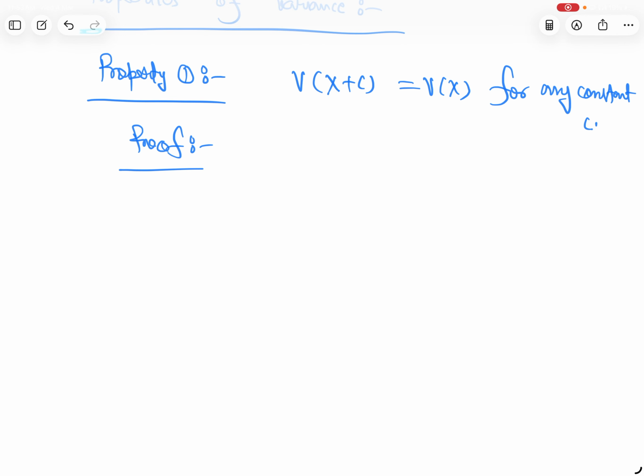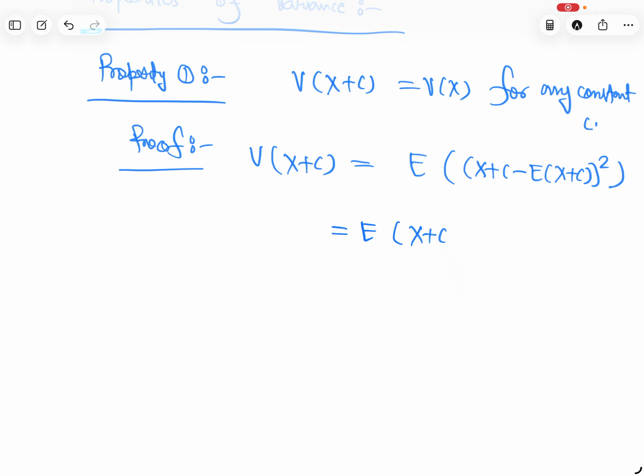Okay, simple. First you calculate what this is. Variance of x plus c, what will this be? Expectation of x plus c minus e of x plus c, whole square. This is x plus c. Now, if you apply expectation, take constant to constant.